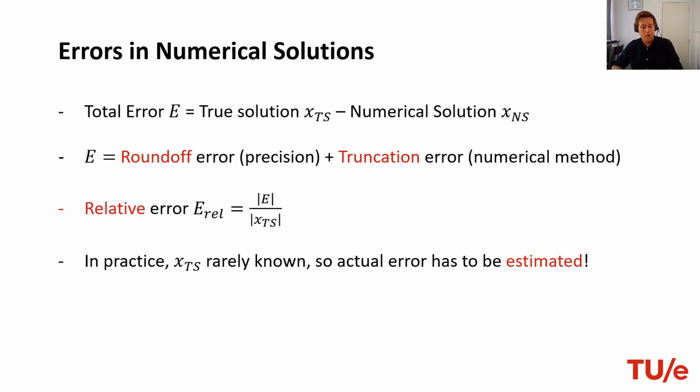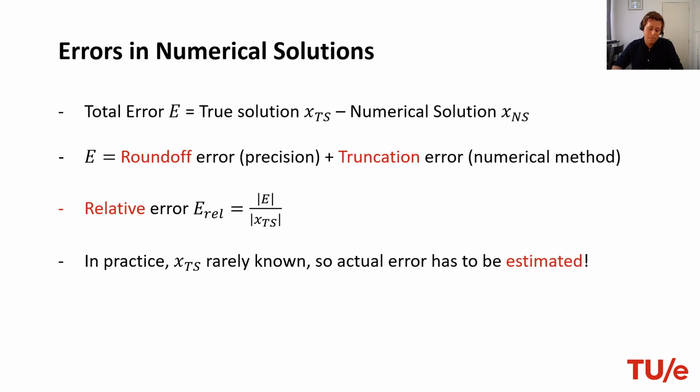This total error typically consists of two main parts: a round-off error, which is due to the finite precision that we have when storing floating point numbers in computer memory on one hand, and on the other hand, the truncation error, which is dependent on the numerical method that you're using.